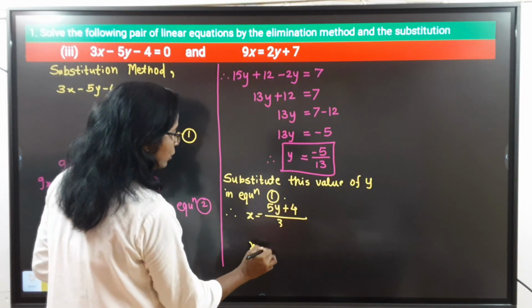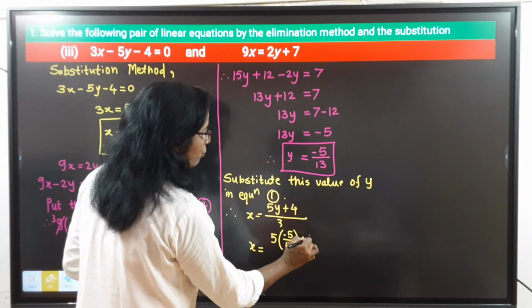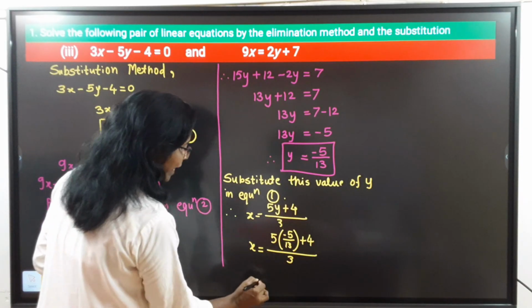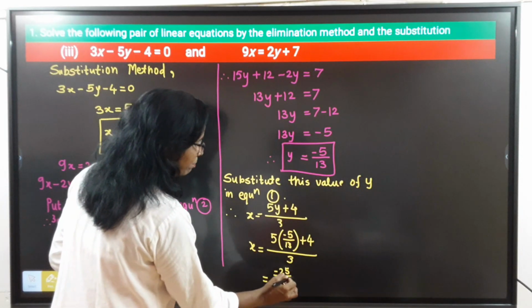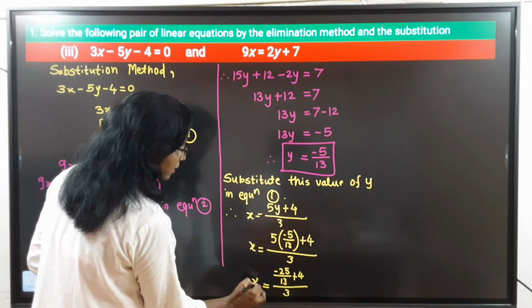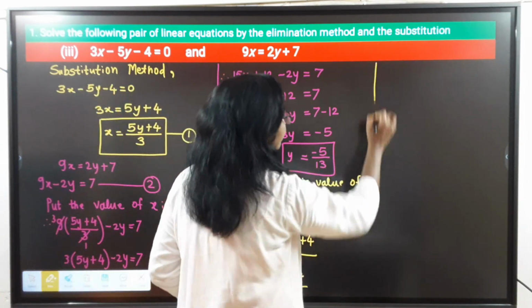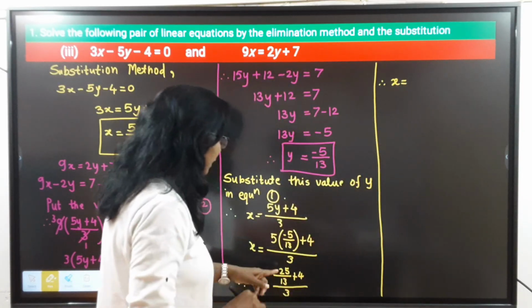So x is equal to (5 multiplied by minus 5 upon 13 plus 4) upon 3. So that means here students, minus 25 upon 13 plus 4, divided by 3.